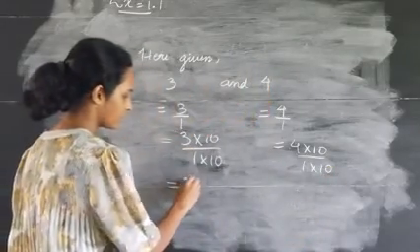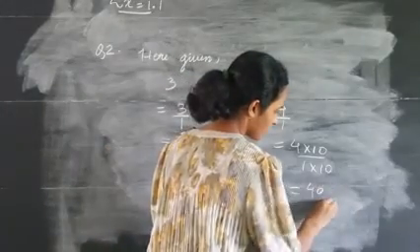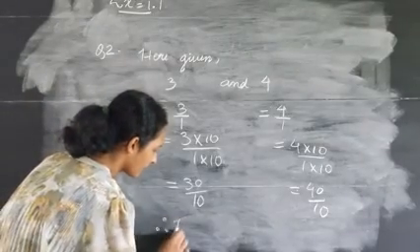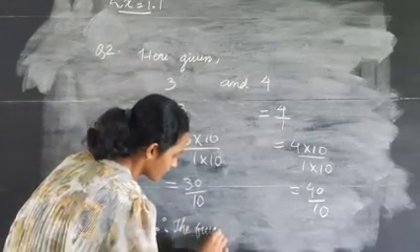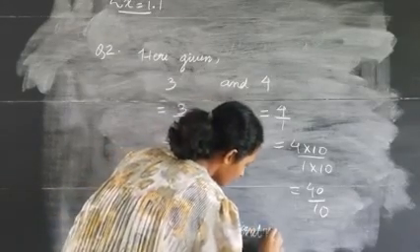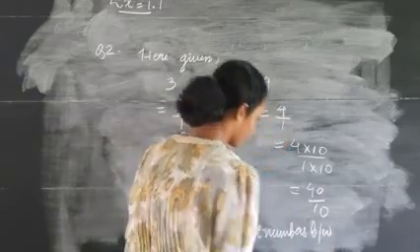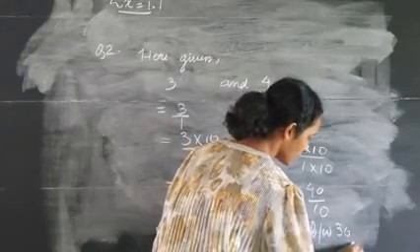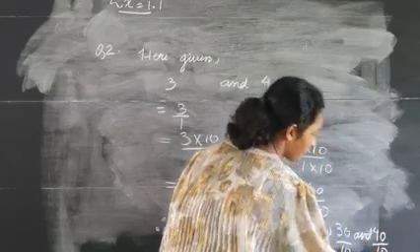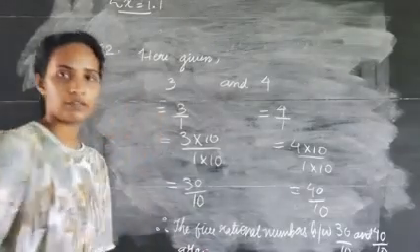So what do we get? 30 by 10 and 40 by 10. So what can we write? Therefore, the 5 rational numbers between 30 by 10 and 40 by 10 are, what are the 5 rational numbers?